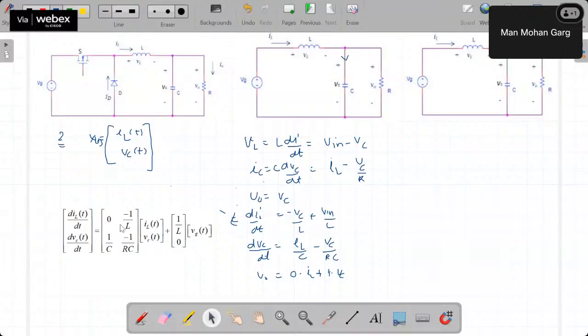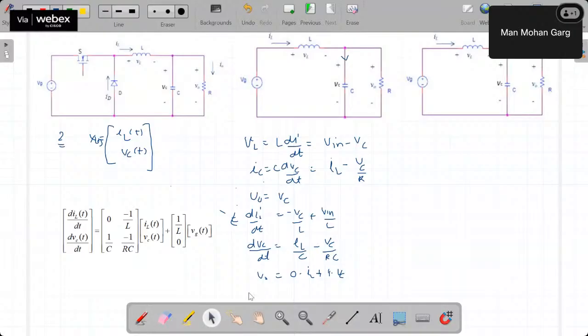Then Vc is here, so minus 1 upon L will be here, plus V input, that is Vg or V input are same, V input upon L, so that is 1 upon L. Second equation, dVc upon dt. So IL coefficient is 1 by C, Vc coefficient is minus 1 upon RC, and input voltage is not there, so this will be 0. So these are the coefficients. This is a state space model representation when switch is on.